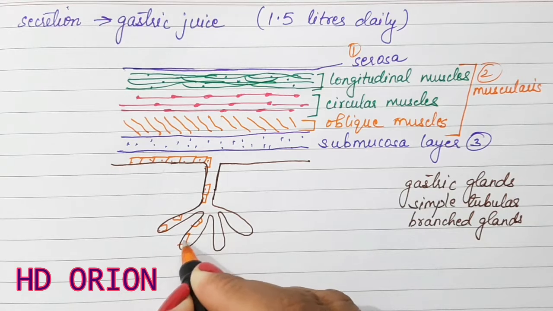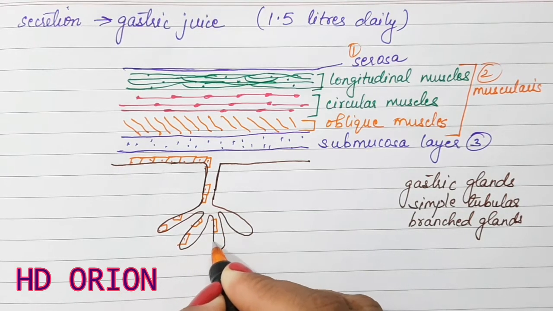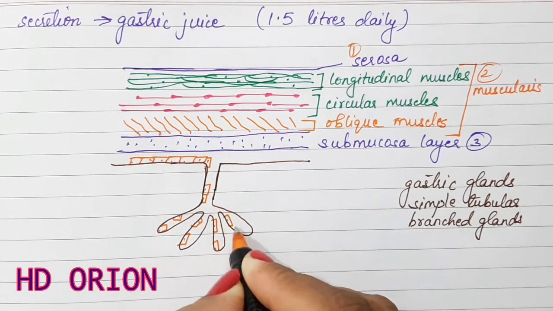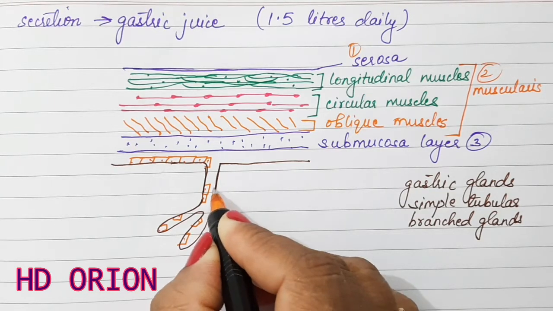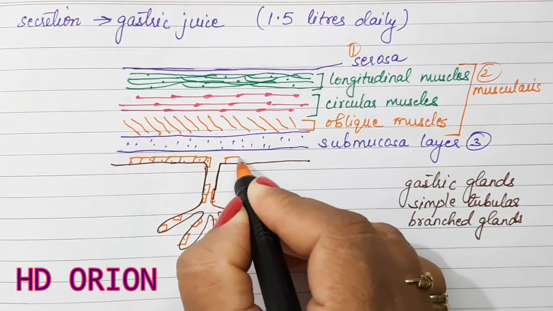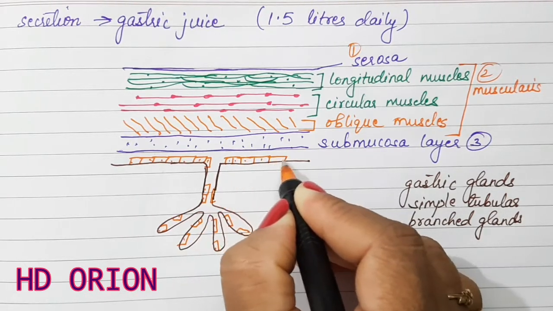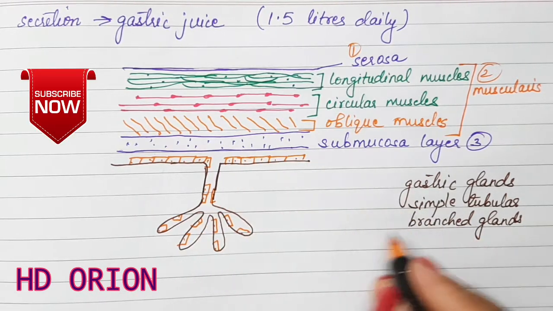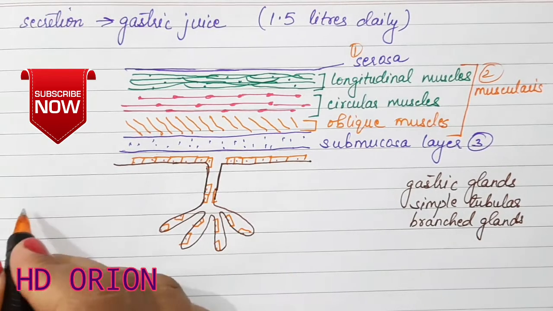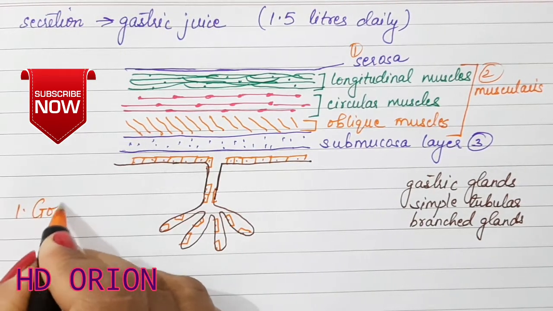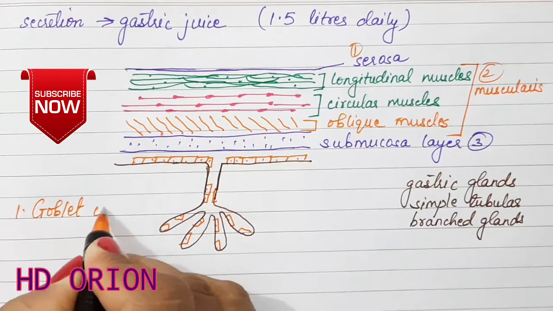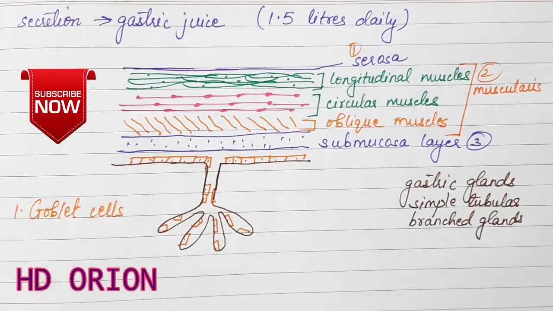As the name suggests, the goblet cells are the cells which secrete the mucus. So this layer maximum, these cells secrete the mucus. So the first type of cells are the goblet cells, and the goblet cells secrete mucus. This is present in the mucosa layer.